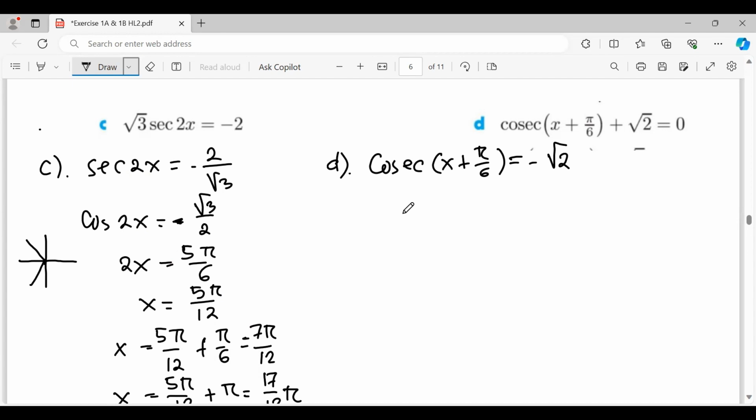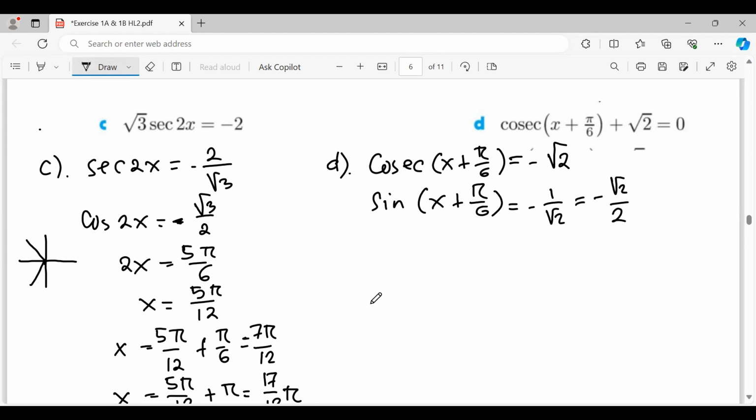So it means sine of x plus π/6 equals minus 1 over root 2, or minus root 2 over 2, if you multiply by root 2 over root 2.